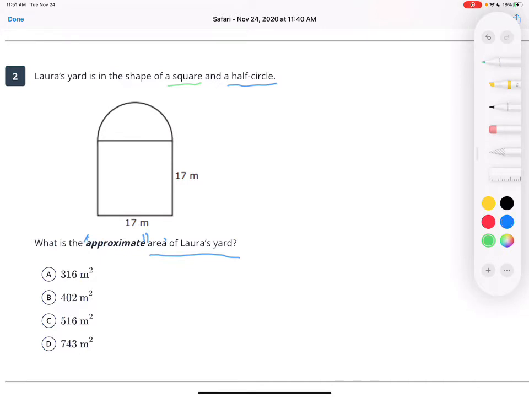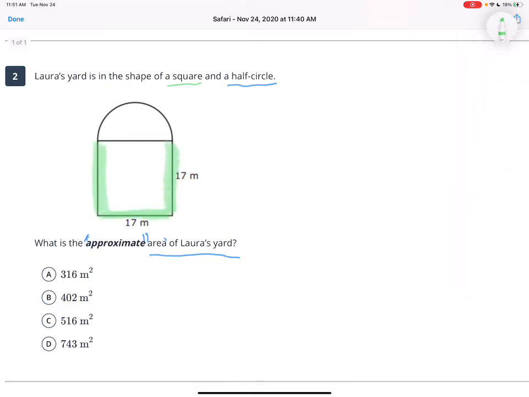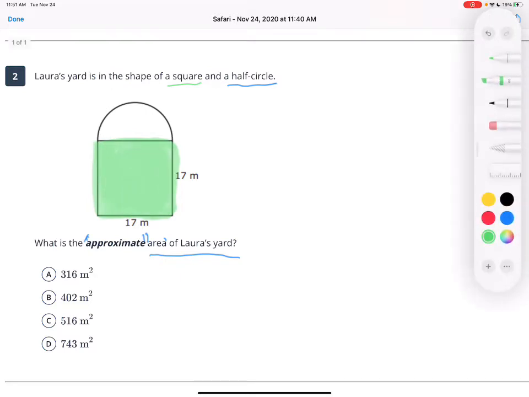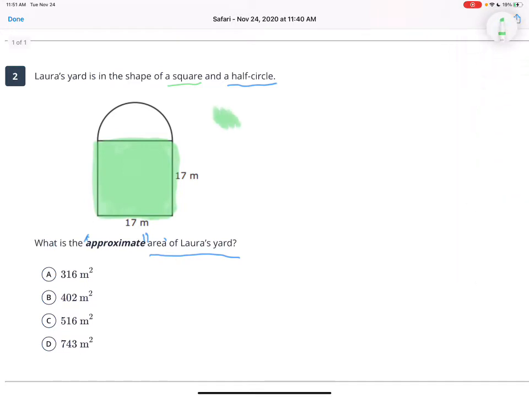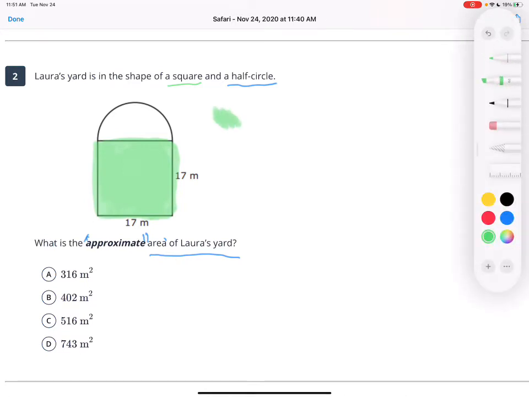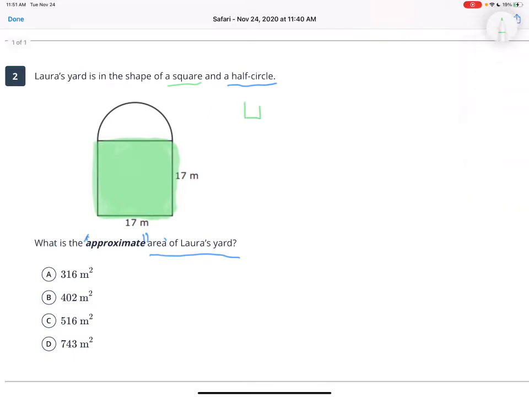All right, I'm going to need to find the area of a square. And remember, area is within the inside of a square. You need to know the formula to find the area of a square, which is simple. You guys have been learning about this for a while. The area of a square is length times width, or I'm going to put base times height.